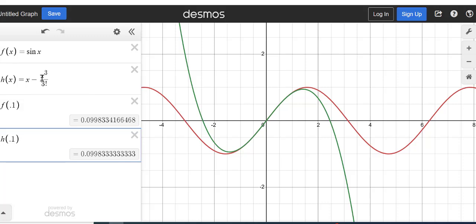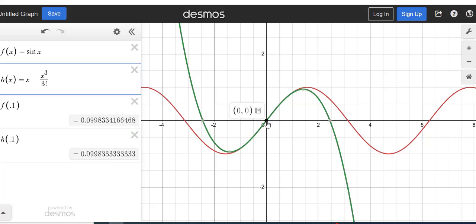And I've only written out 2 terms of this Maclaurin series, which makes it a very good approximation at 0, in this case exact. They both cross through (0, 0). And anything zoomed in on this area is a very good approximation for sine of x.